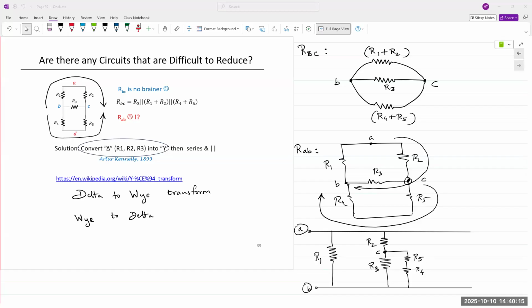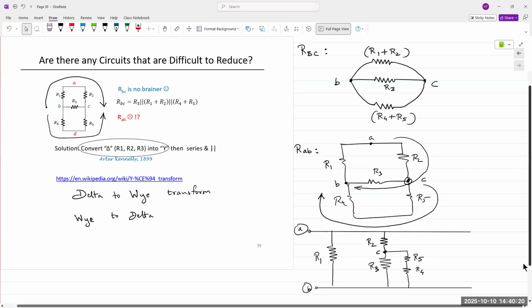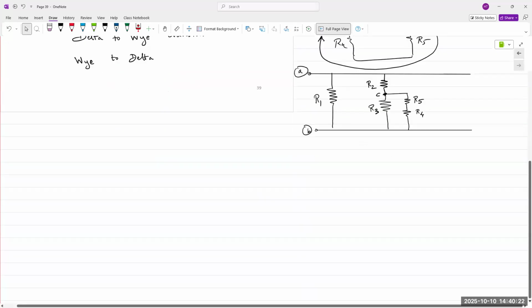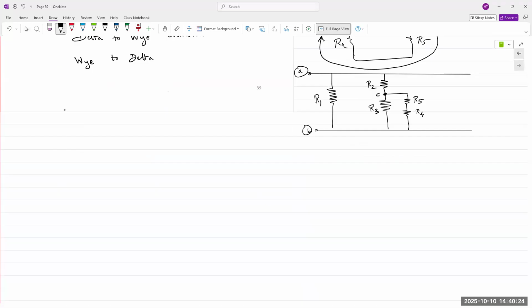So let's say we have our three resistors R1, R2, and R3 at the top, right? R1, R2, R3.